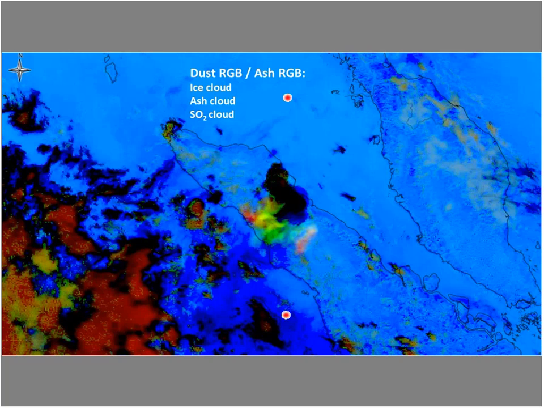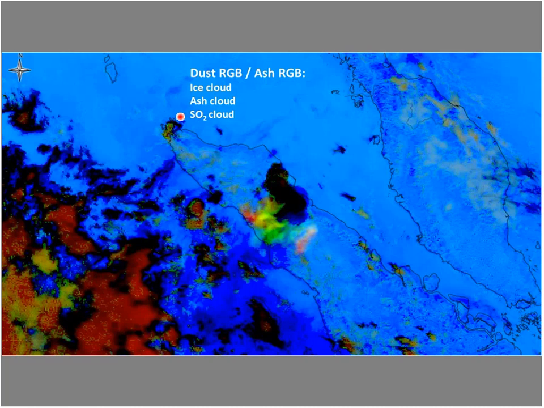Ash RGB would even better see these products of the volcano. So basically in both RGBs you can see the ice cloud, the ash cloud, and the SO2 cloud that were coming out of the volcano.